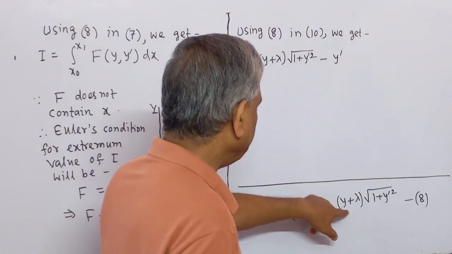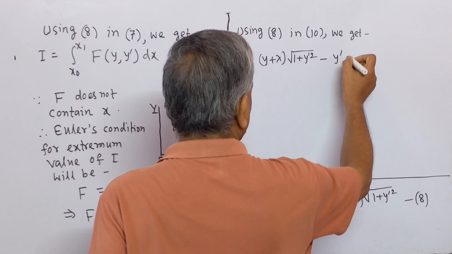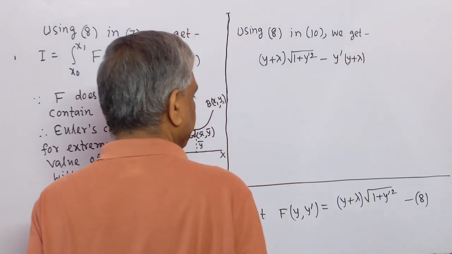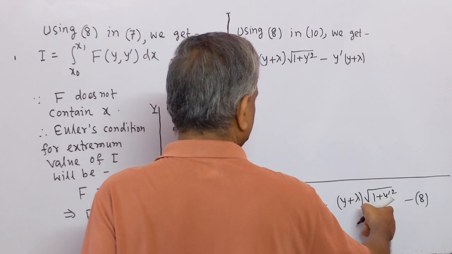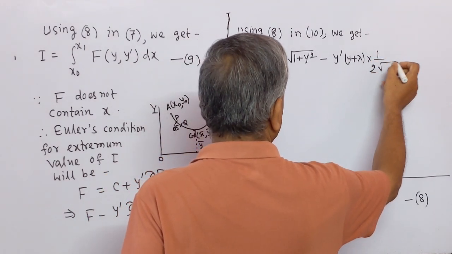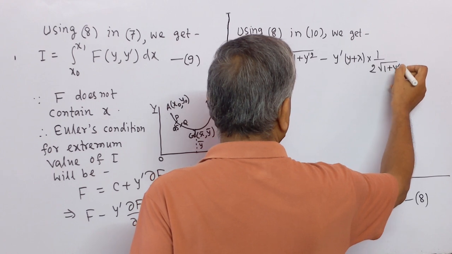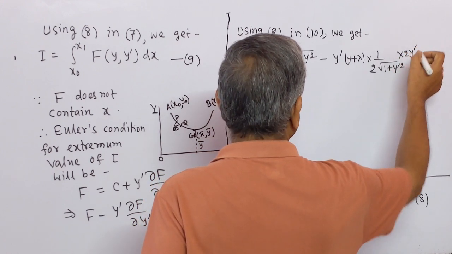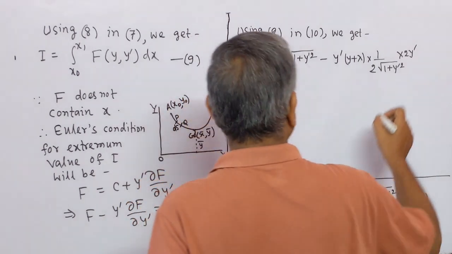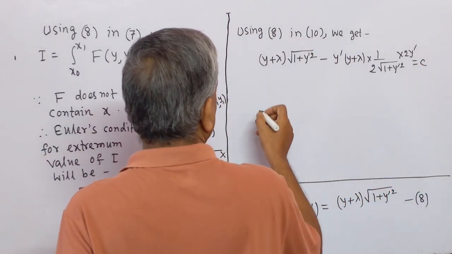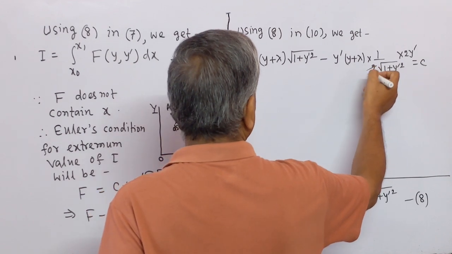This is treated as constant y plus lambda. We are differentiating partially with respect to y prime. So this will be 1 by 2 square root 1 plus y prime square multiply 2 y prime, and this equal to c. Here 2 cancel.